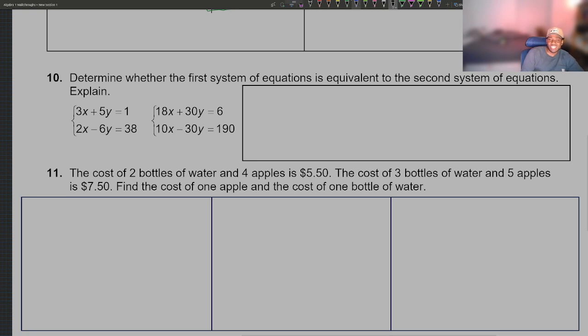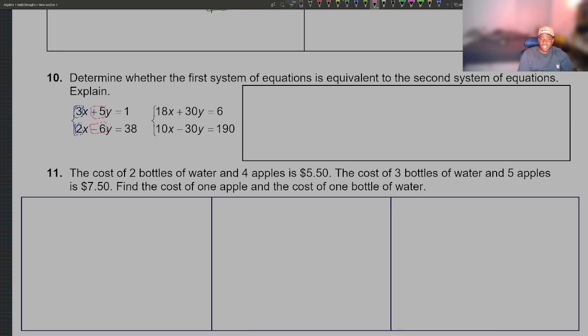If we look at our two systems here, and we look specifically at the coefficients for x and the coefficients for y, our coefficients for x here are 3 and 2. And our coefficients for y here are 5 and -6. Let's compare the coefficients for x and y in the first equation in our first system to the first equation in our second system.